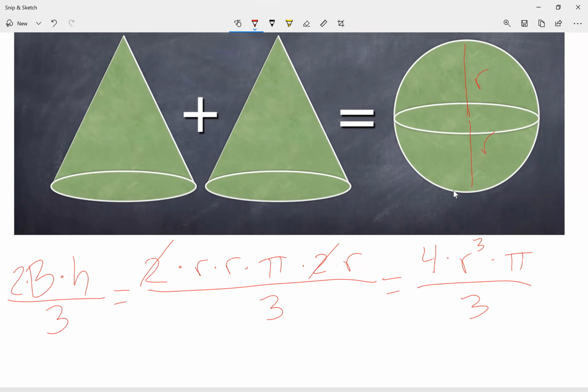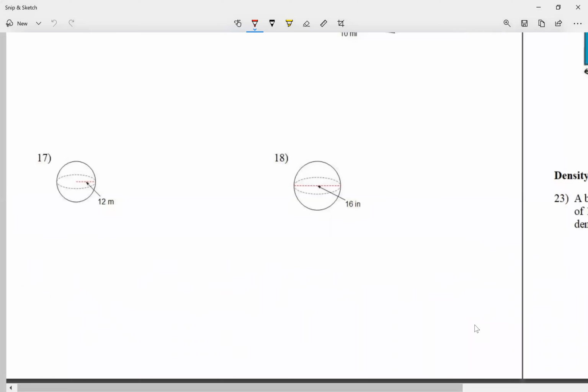All right, let's take a look at our notes here. Again, the formula I'm going to use for volume, let me remind you, is 4 times radius cubed times pi divided by 3. So for number 17, I'm going to go 4 times 12 times 12 times 12, my radius three times, radius cubed, times pi.